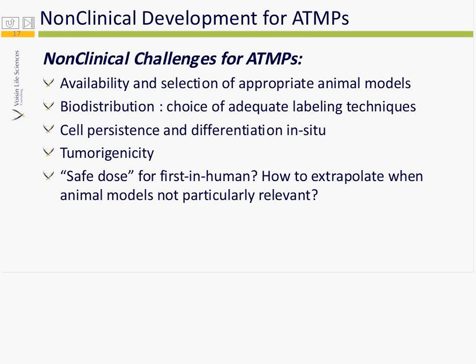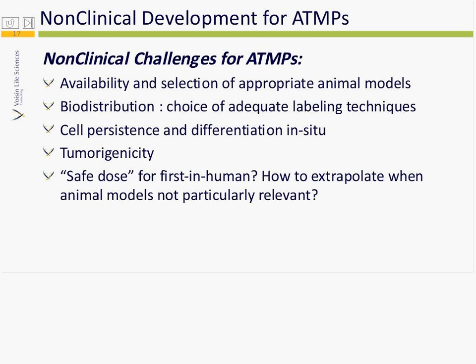Obviously, where you have species differences, cell-based products can behave very differently in a different species, and therefore finding a model that represents the human scenario is quite difficult. Likewise, with biodistribution, cells don't necessarily home to the same organs in animals, and also following those cells can be quite difficult. So those are issues that need to be addressed.